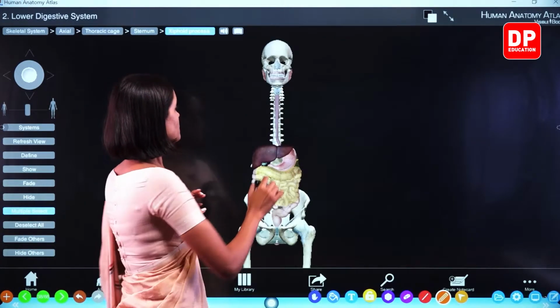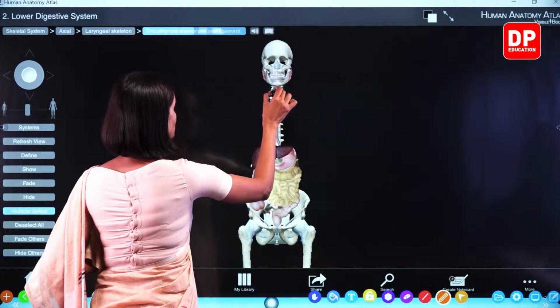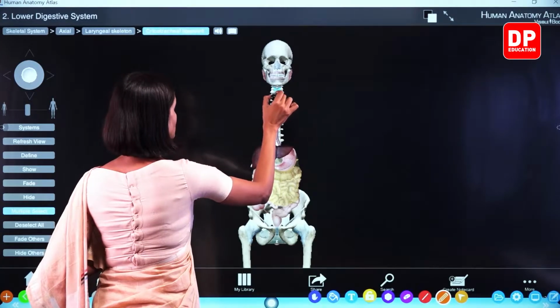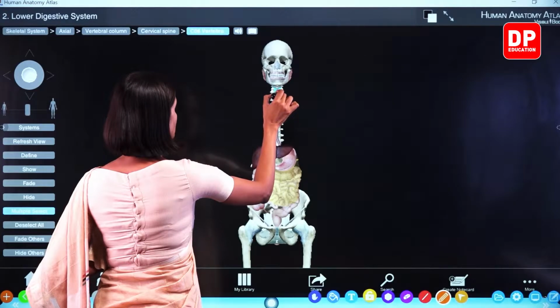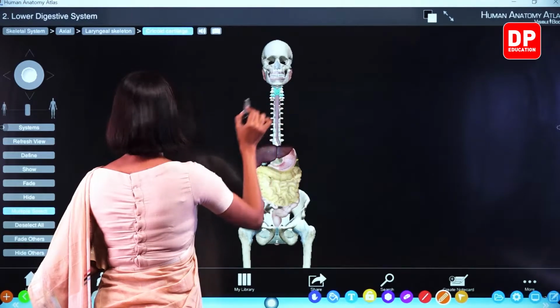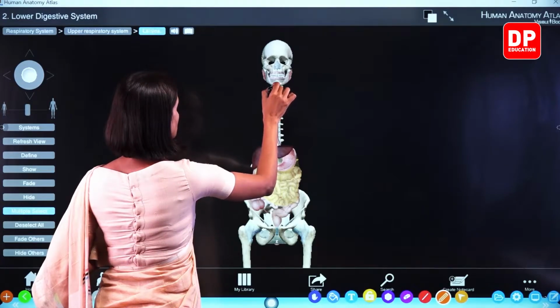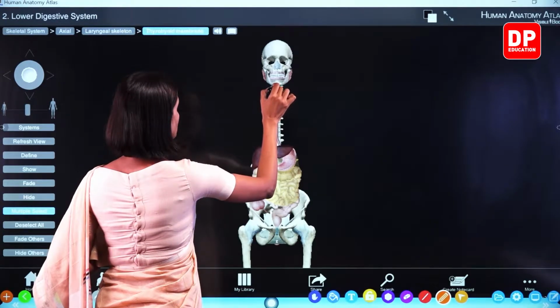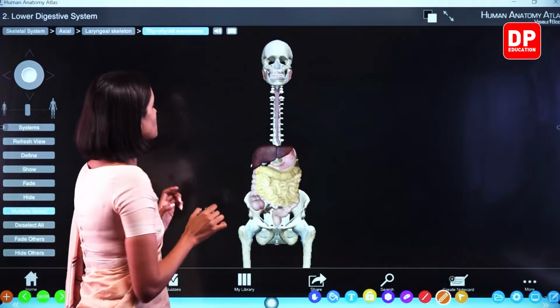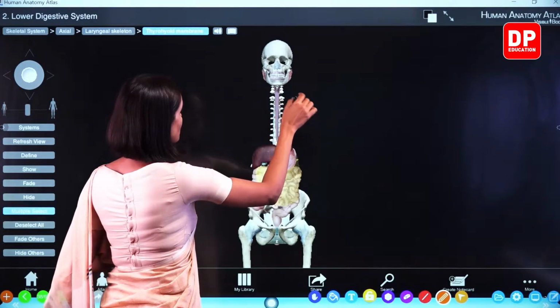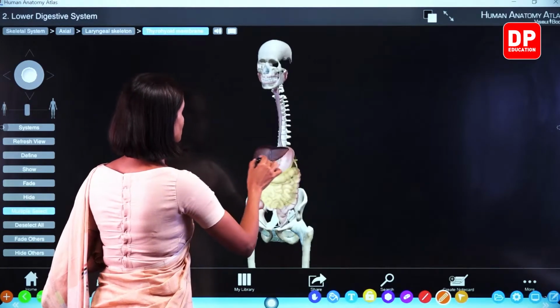Okay. So you all can see now. I'll remove this part as well. Okay. So I will rotate it a bit to this side.